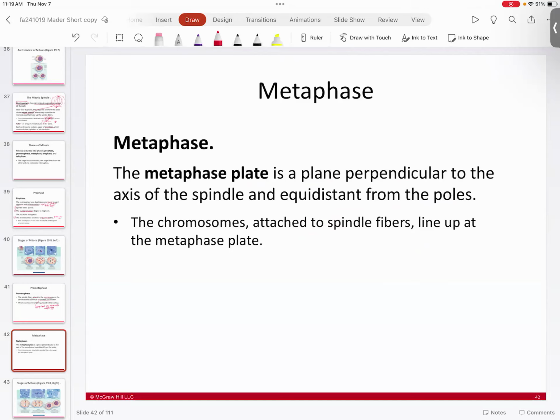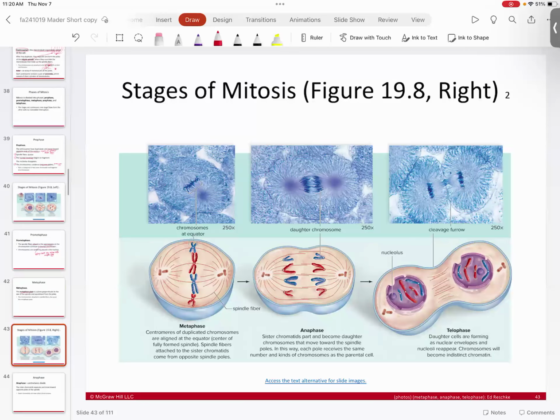In metaphase, you have what's called a metaphase plate, which is this sort of fictitious line of perpendicularity that draws the axis between the 2 poles. The chromosomes are aligned along this metaphase plate. This is what it looks like.